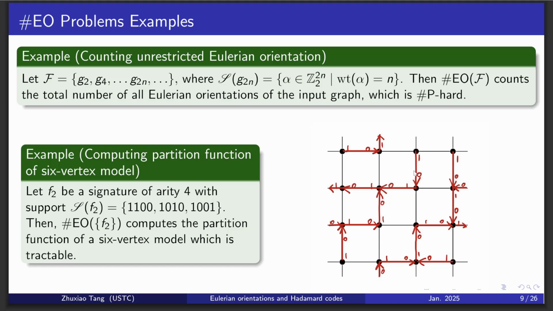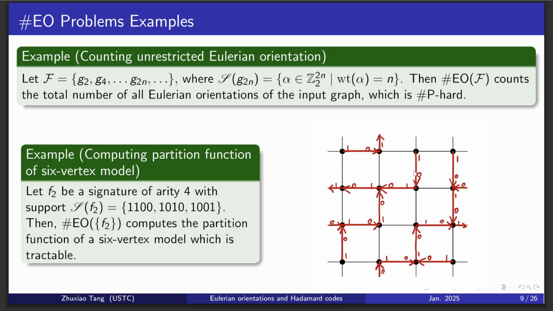Another example is computing the partition function of the six-vertex model, which was mentioned previously. Here, the constraint function set consists of one single function, which takes value 1 on 3 inputs. They are 1100, 1010, and 1001. Because the first bit is always 1, that corresponds to one edge being fixed to be 1.